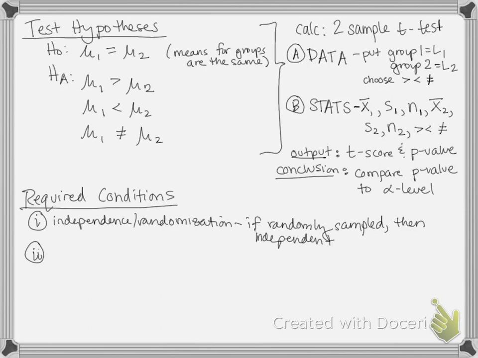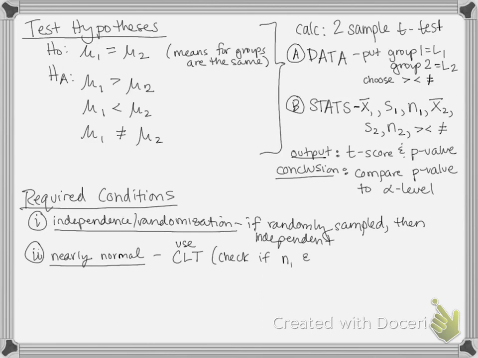Instead of success failure, we look at the nearly normal condition. And remember that to do this, we actually used the central limit theorem, and that's all the way back in chapter 14, if you need a reminder. And the central limit theorem says that we need to check if N1 and N2 are both greater than or equal to 30.